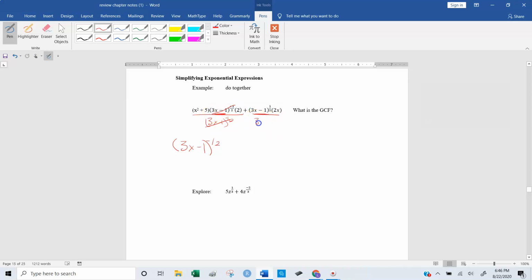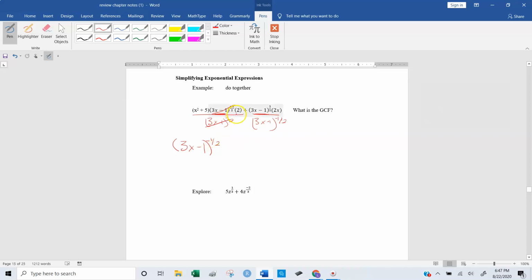Look what happens over here. 3x minus 1 to the 1/2. When I divide, I subtract exponents. So 1/2 minus a -1/2 is 1, right? So this right here becomes 3x minus 1.